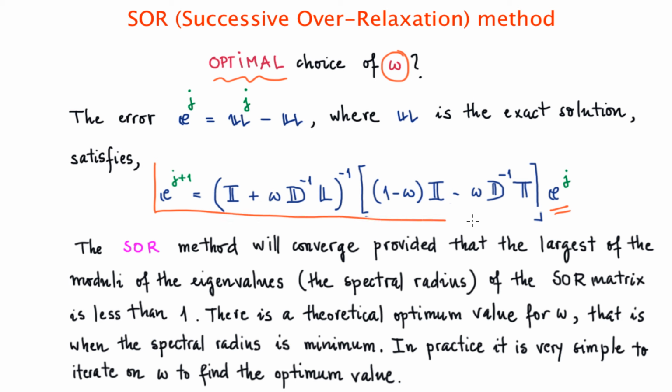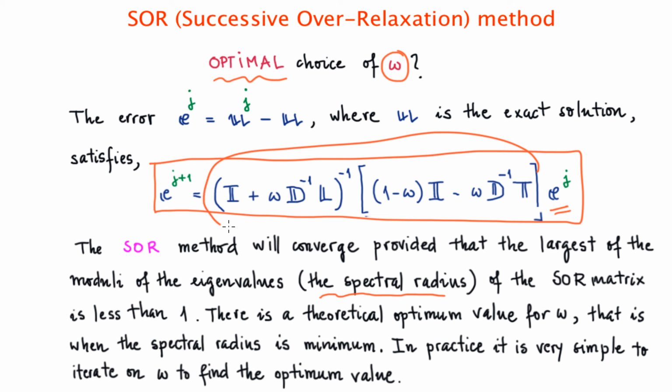Considering this expression, the SOR method will converge provided that the largest of the moduli of the eigenvalues, which is called the spectral radius, of this SOR matrix, which is this matrix here, is lower than 1.